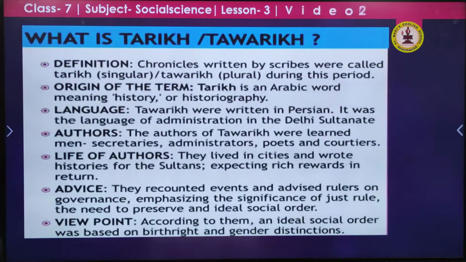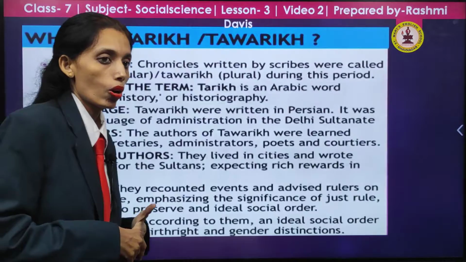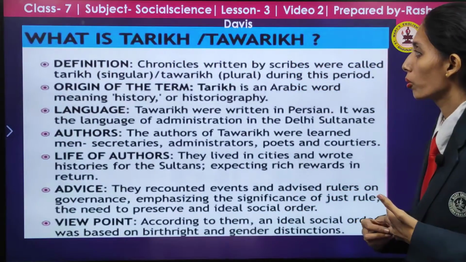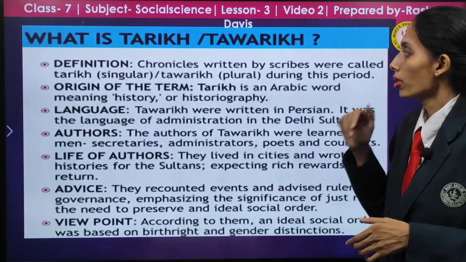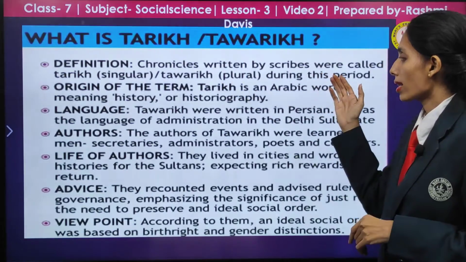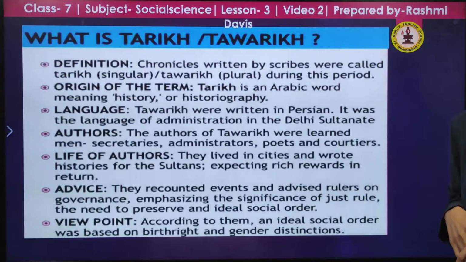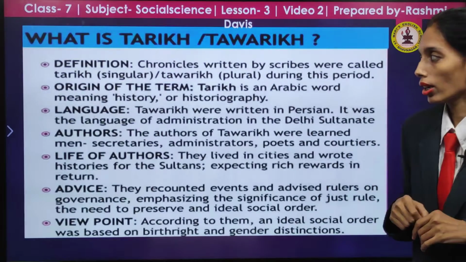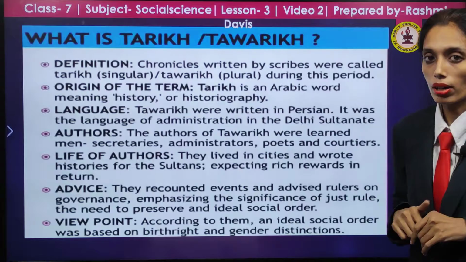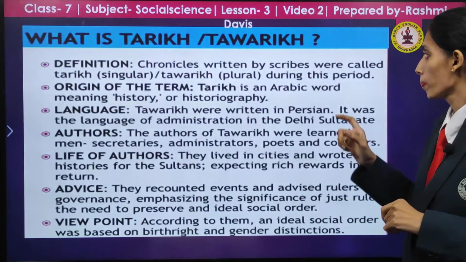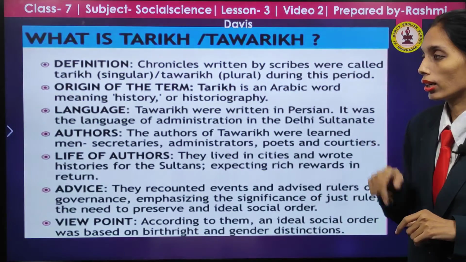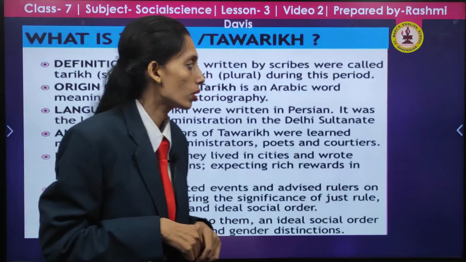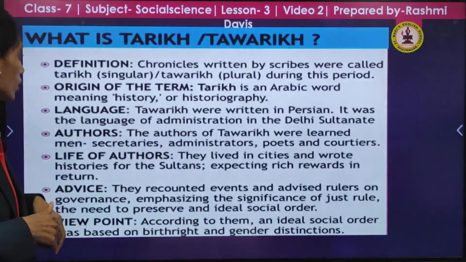Now let's try to understand what is Tarikh. Definition: chronicles written by scribes, the people who write books on the king, were called Tarikh, and Tawarikh is the plural word, during this period.